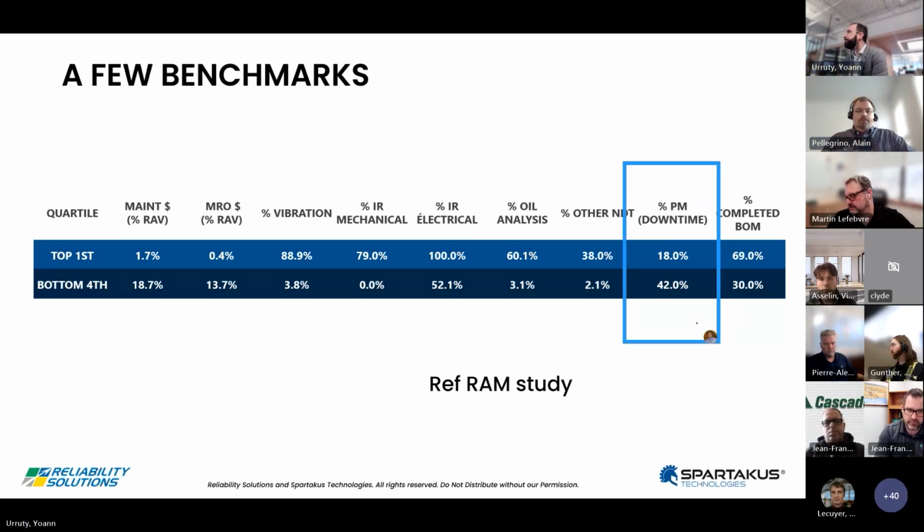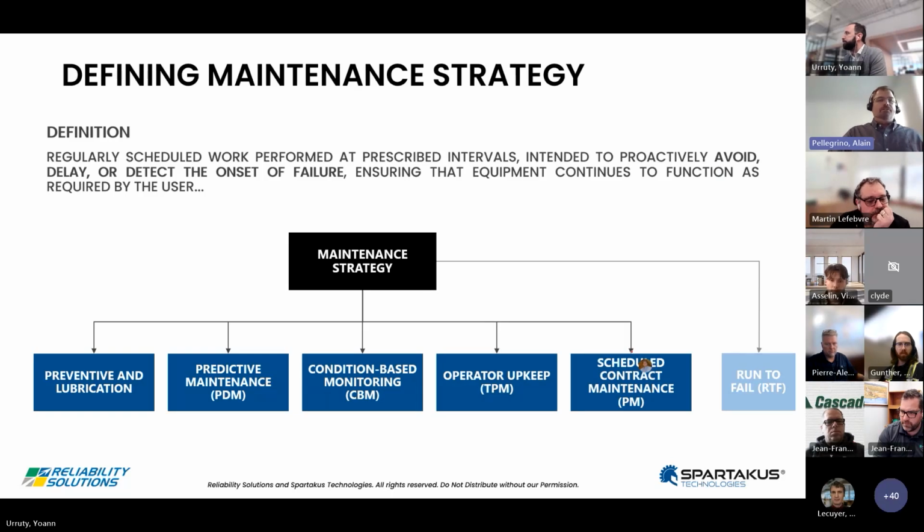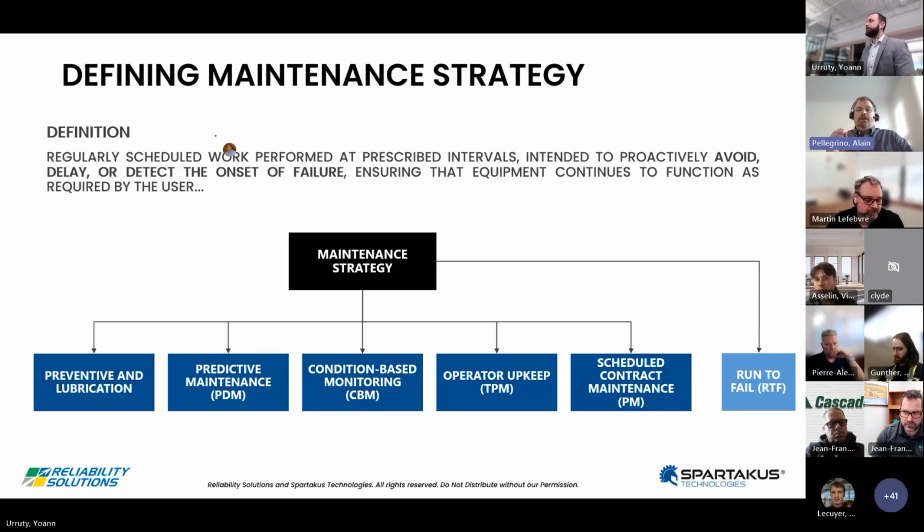So, when we talk about defining the maintenance strategy, I think we need to align on the definition of what we mean by that, right? Basically, the definition of a maintenance strategy is regularly scheduled work performed at prescribed intervals, intended to proactively avoid, delay, or detect the onset of failure.